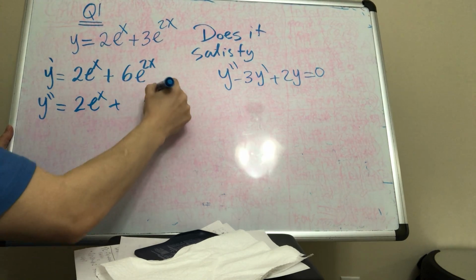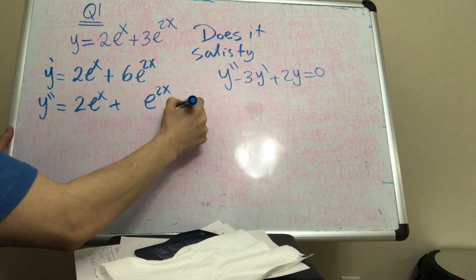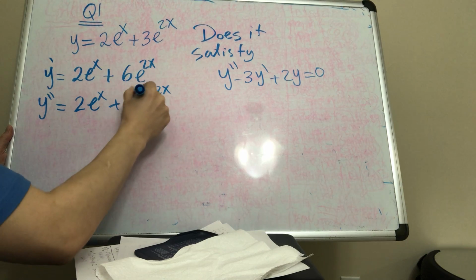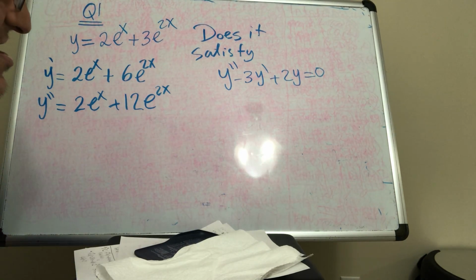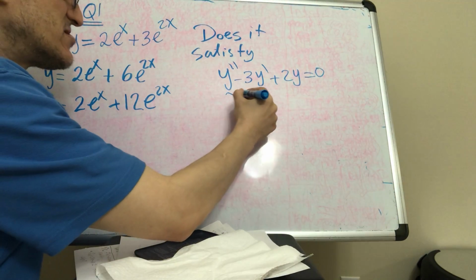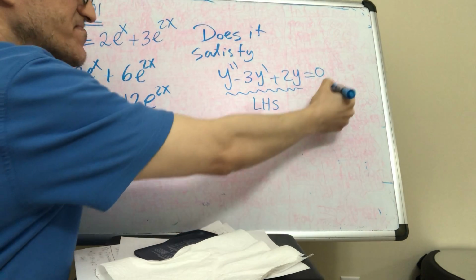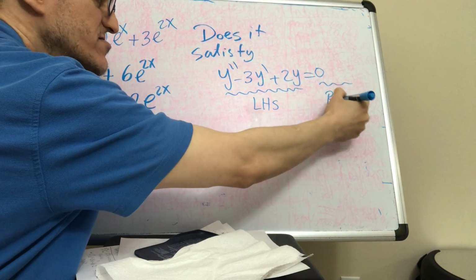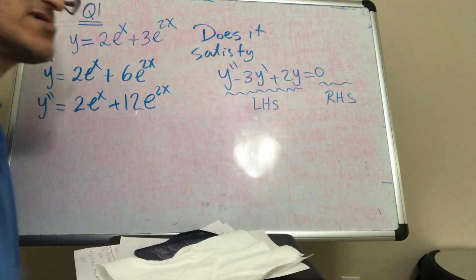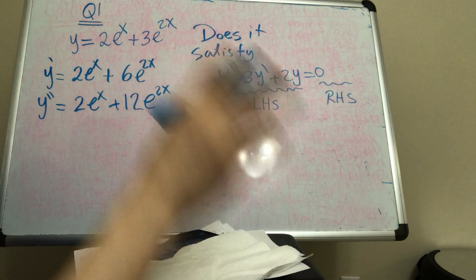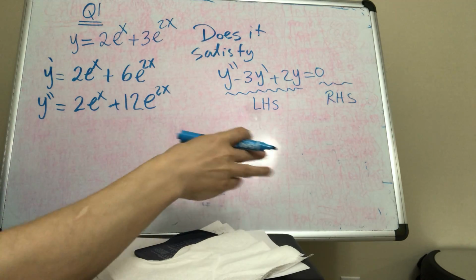This one would be e to the 2x times 2, and the 6 becomes 12. Now, let's consider this the left-hand side, and this the right-hand side. Now, does the left-hand side equal the right-hand side?